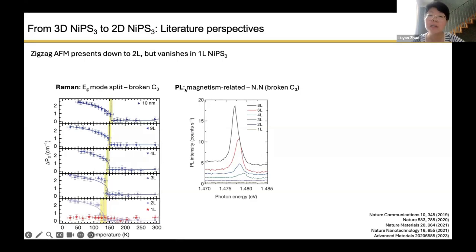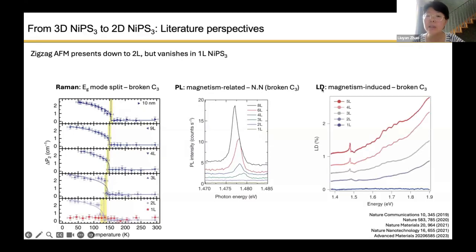And again, PL is not sensitive to your Néel vector direction, right? So it only tells whether you have a zigzag chain or not, rather than whether you have a Néel vector positive or negative. So it is only sensitive to this threefold rotational symmetry.